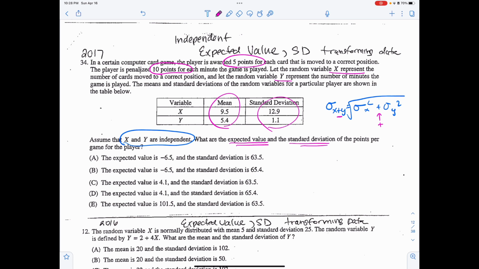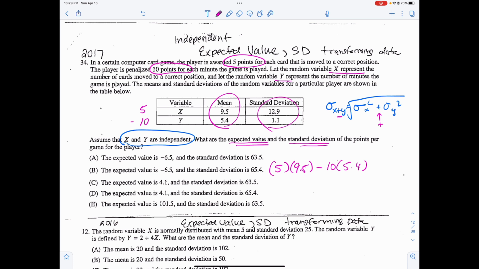So 10 points is my deduction and 5 points is my award. So for the mean it's just 5 times 9.5, if I read this correctly, minus 10 times 5.4. That's simple. That's not a problem.